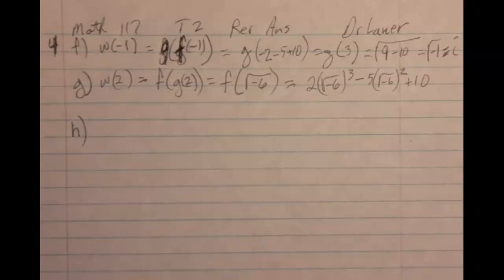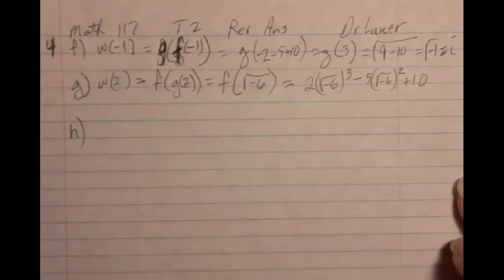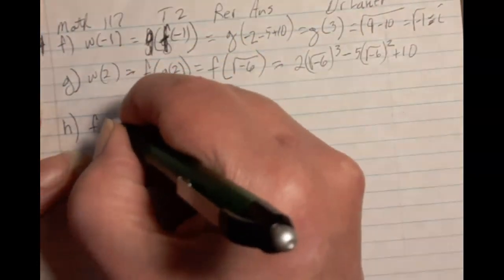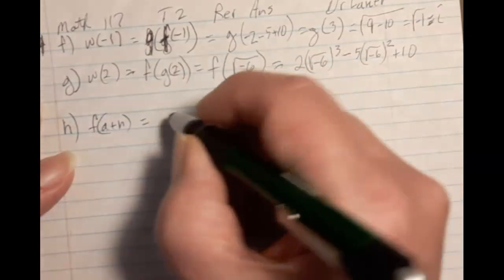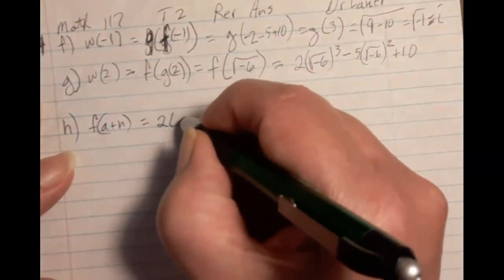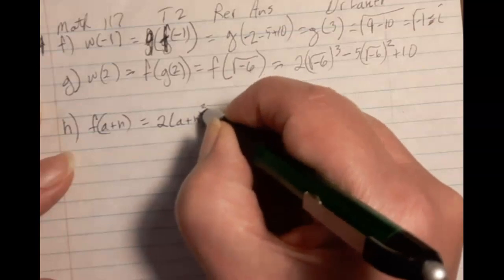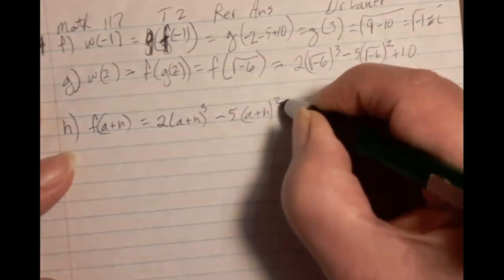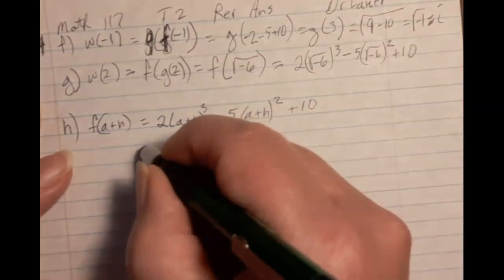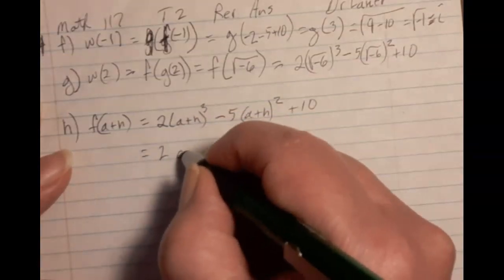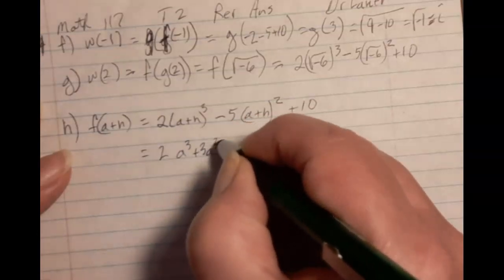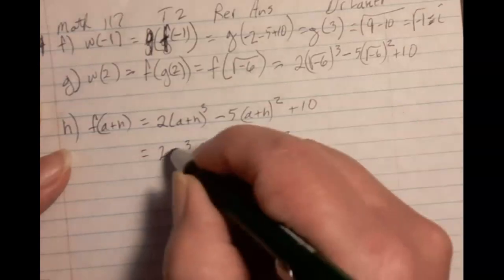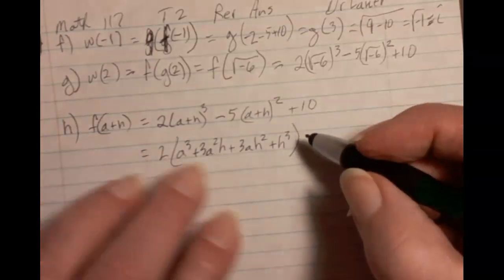But on this particular one, we want to find f of a plus h minus f of a. So I was teaching this as doing f of a plus h, which would be 2 times a plus h cubed, minus 5 times a plus h squared, plus 10. So this equals 2 times a cubed plus 3a squared h plus 3ah squared plus h cubed. So you can memorize that part for the cubed.